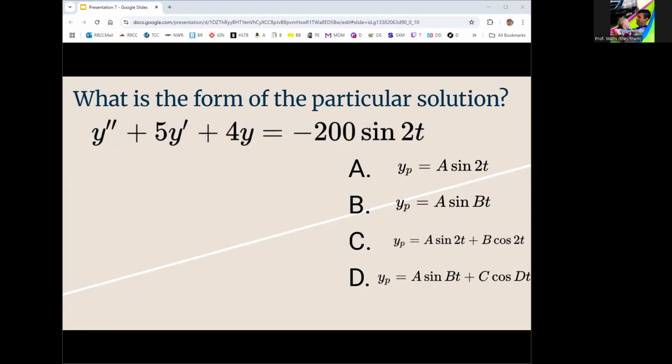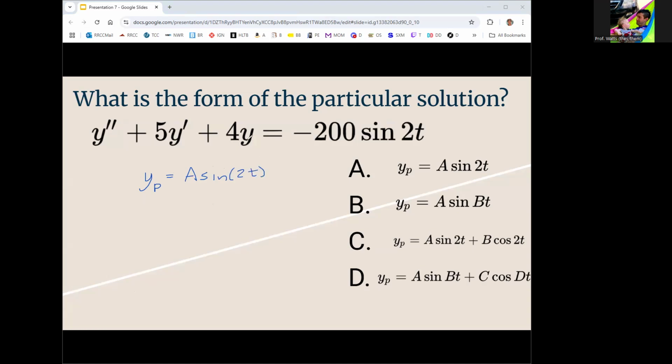If you need a little more time, go ahead and pause the video now. Based on it being a sine function, you might posit that it is undetermined coefficient A times sine of 2t.